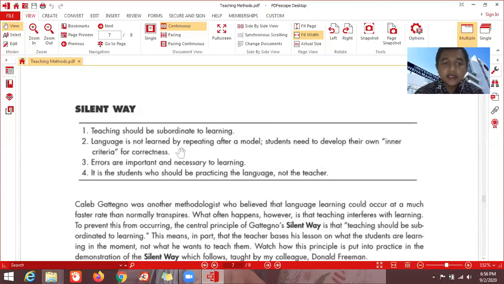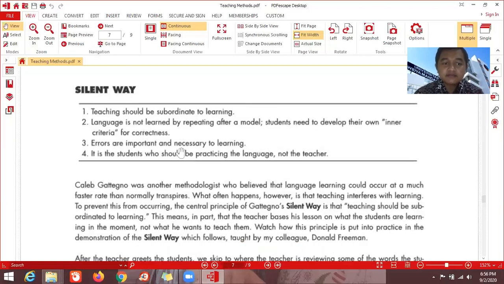Well, that is because this method relies heavily on the student's role. It means the students themselves need to find which term is correct, which term is not, which language is to be used, which language is not, and so on. And that brings us to the third point, that errors are important and necessary to learning.